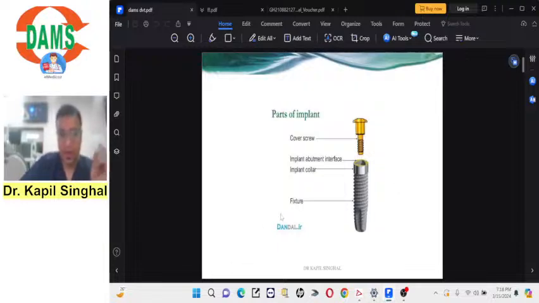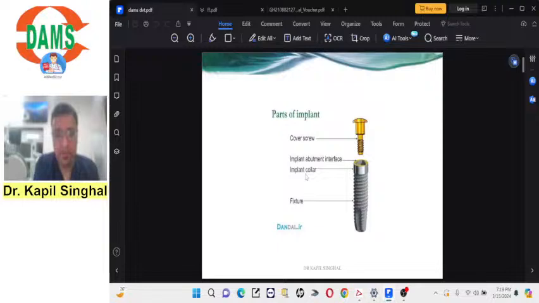Okay. There is one more type of PRF that they may ask, that is IPRF. I stands for injectable PRF. So they may ask you one more question, at what speed IPRF is formed. So IPRF, that is injectable PRF, is formed when the test tube is rotated at 700 RPM for 3 minutes.